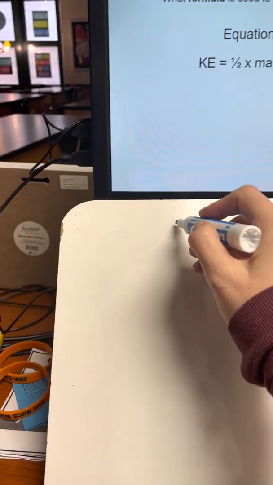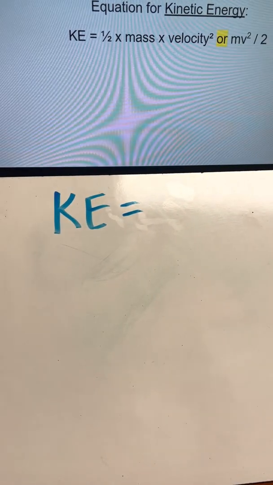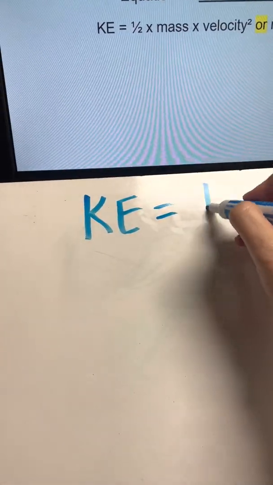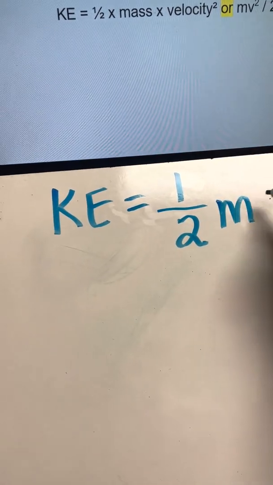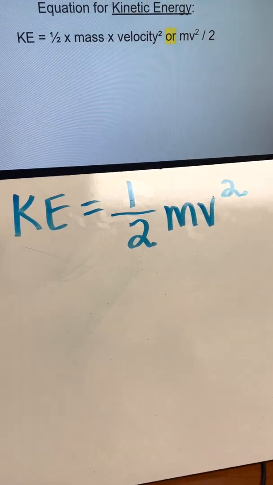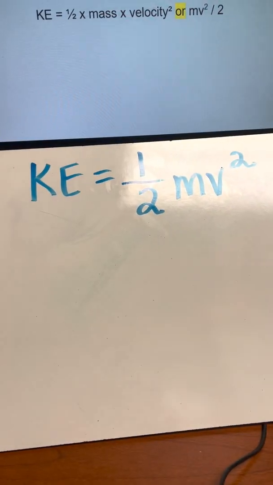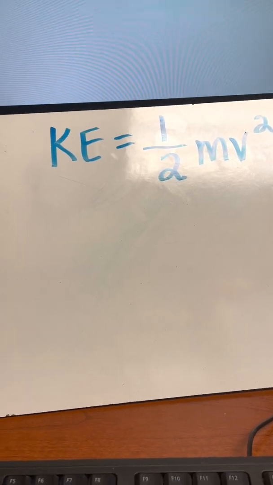So kinetic energy is 1/2 times the mass times velocity squared. And it's important to note that it's only velocity that's squared, not the whole thing, just velocity.